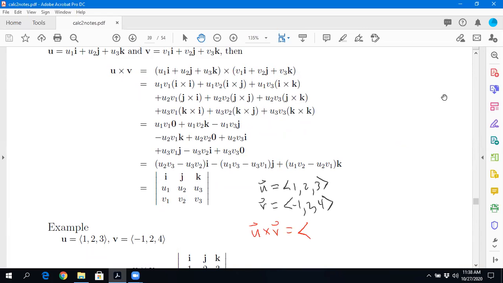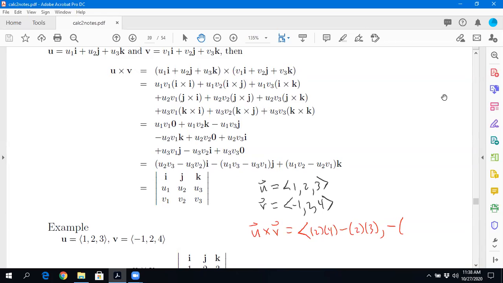Well, you ignore the first coordinates, right? If I want the first coordinate, you ignore the first coordinates and you go 2 times 4 minus 2 times 3. That's the first coordinate. And then it's negative. And I do the same thing by ignoring the second coordinates.